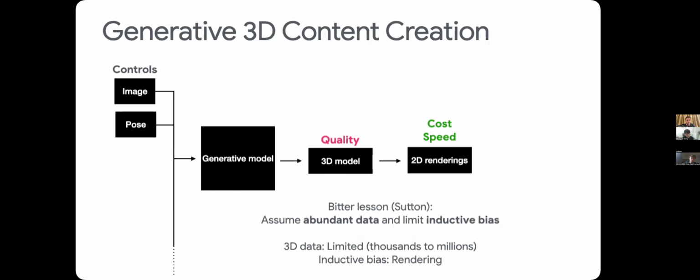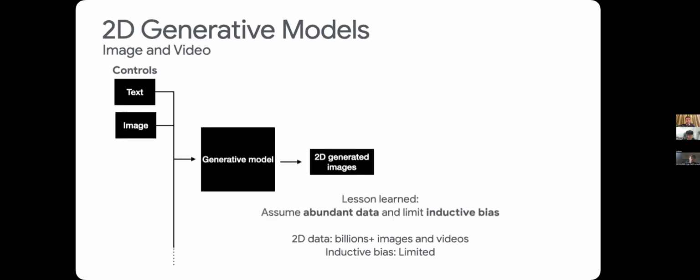If, on the other hand, we look at 2D generative models, like image or video models, we realize that those models actually scale with data, since we have billions of 2D images and videos on the internet. Furthermore, these models have limited inductive biases, since they directly produce 2D pixels. Over the years, these models have been becoming better and better, since we have more and more compute, and so we can train bigger models with bigger compute.